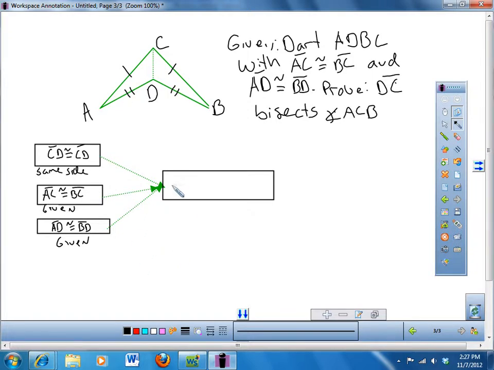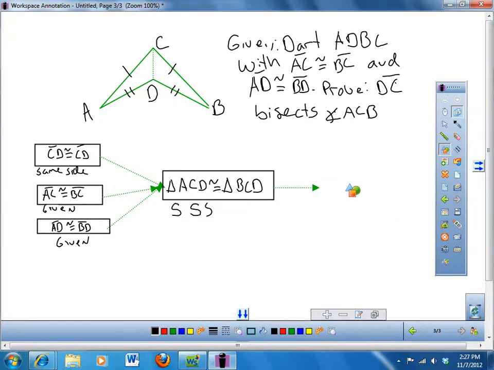That triangle ACD is congruent to triangle what? Yeah, name them in order of their corresponding parts. BCD. Okay? And why? Side, side, side. Very good.